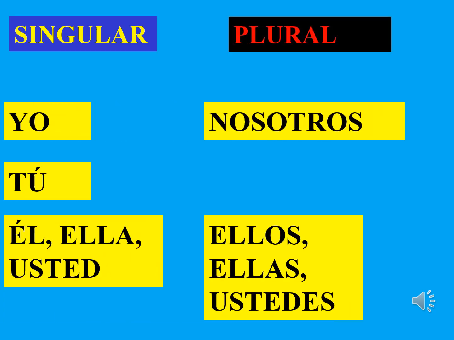So we saw yo, tú, él, ella, usted. Now we have as pronouns nosotros, we, ellos, ellas, ustedes, they, female, they, feminine, all females, and ustedes, you all, you guys, plural, you.